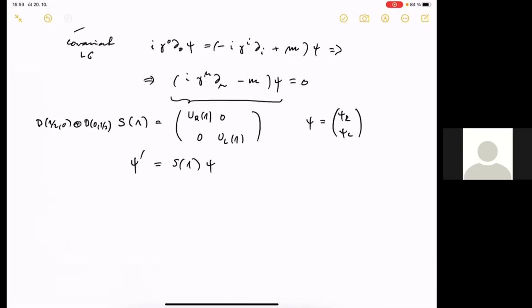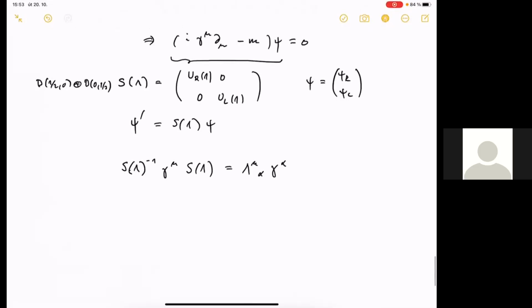And let us now show that this matrix S lambda has a nice property because it transforms the gamma matrices as a vector. That means such a matrix equation gives us lambda mu alpha gamma alpha. This can be shown by direct calculation. So let us first calculate this S lambda inverse.